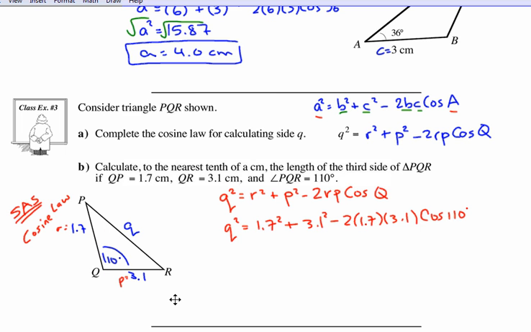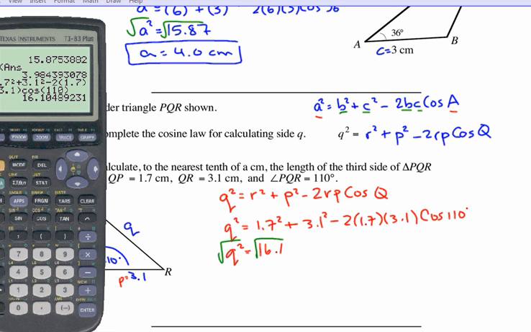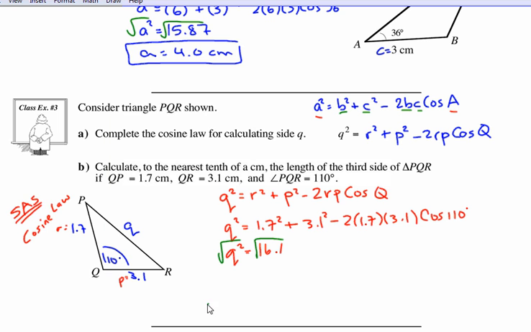Now, q squared equals 16.1. Is that our final answer? No, we have to square root both sides. And to the nearest tenth, it's 4.0 centimeters. And there you go.